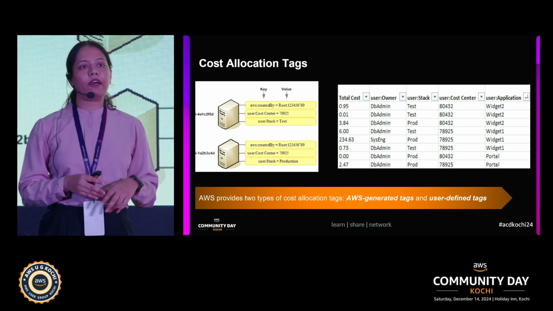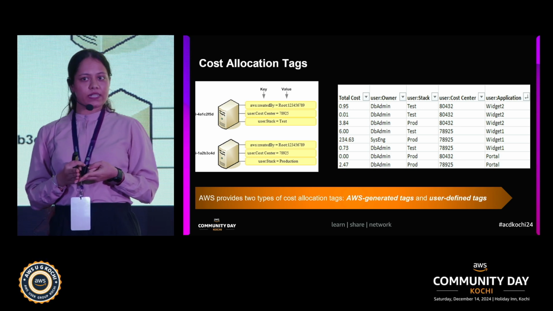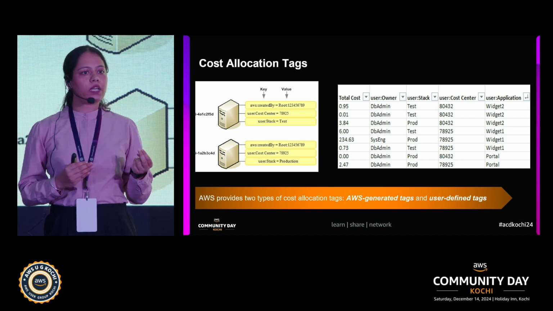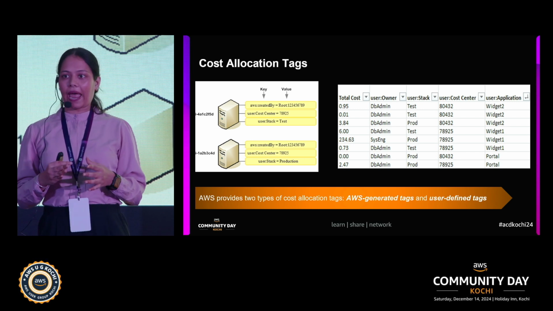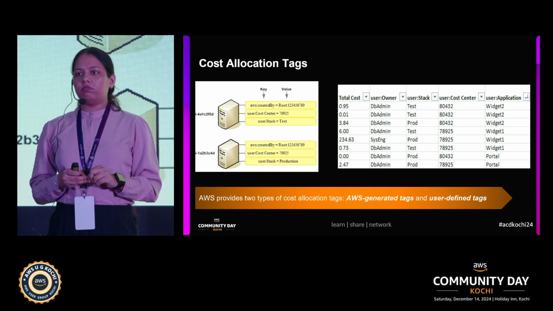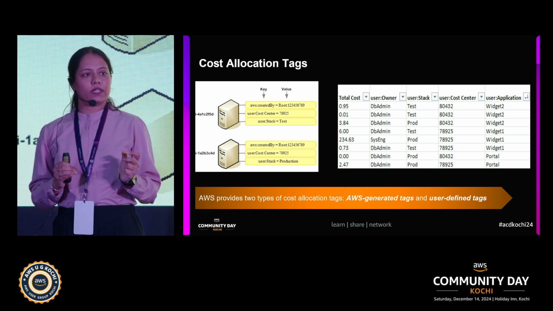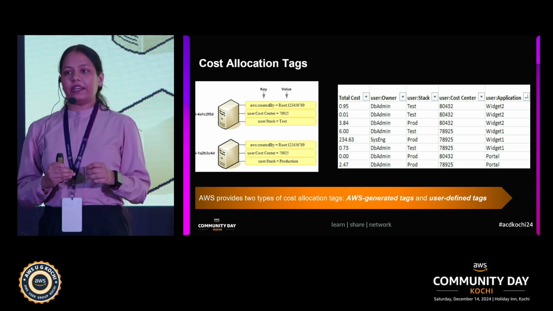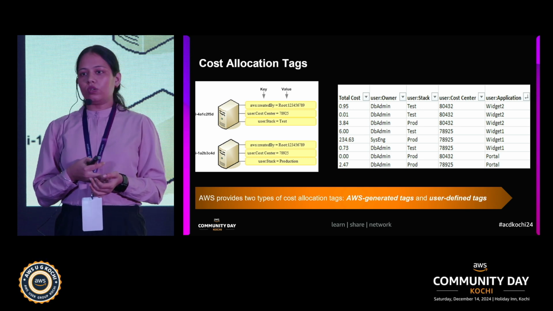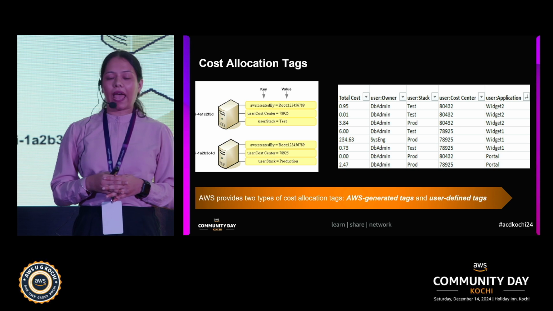In AWS, we have two types of cost allocation tags. One is generated by AWS itself, that you don't need to bother about. Whenever you create any resource, it will automatically come up and get tagged. Another one will be the user-defined tags. Let's take a simple example. When you create any EC2 instance, there will be certain tags which come along, like the instance type and instance IDs. All those tags come automatically, so those are the AWS generated tags.